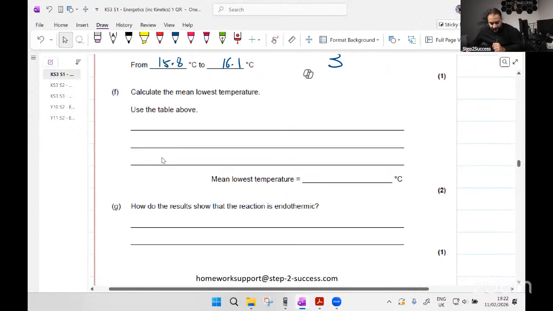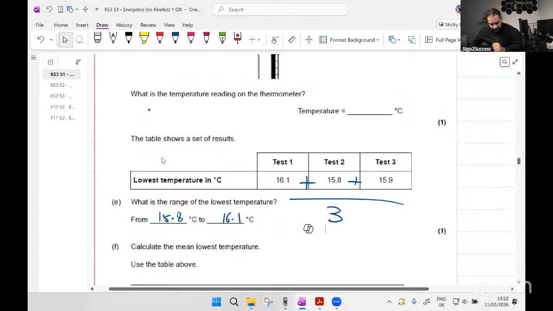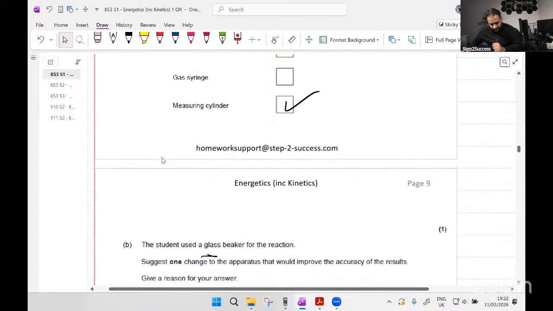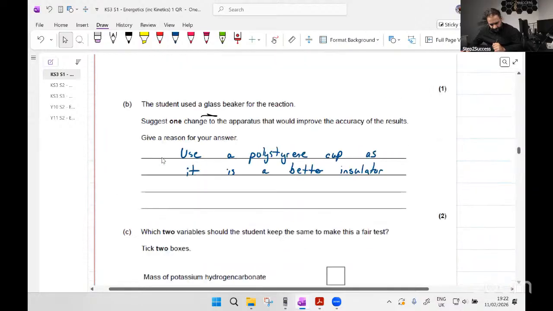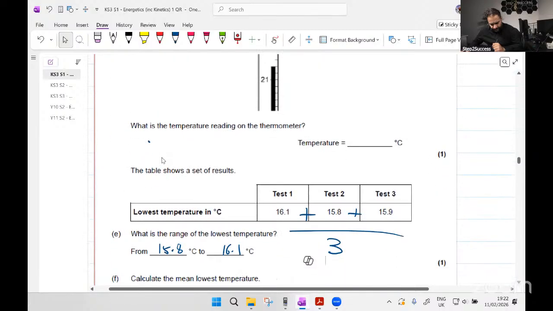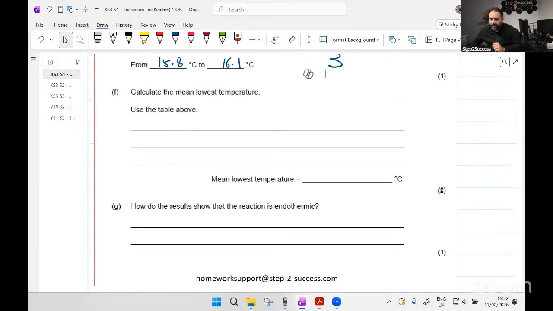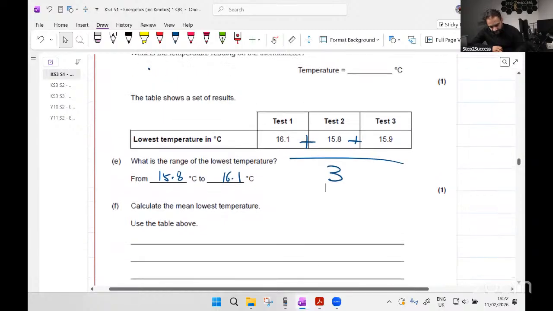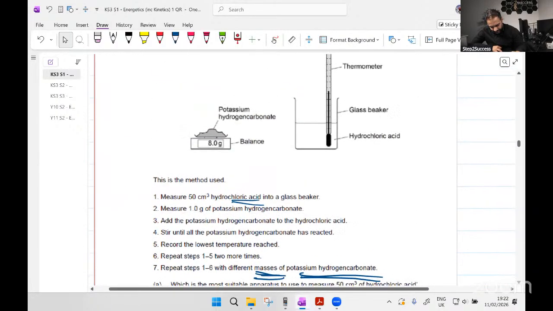How do the results show the reaction is endothermic? Don't know. Is it that the temperature has gone down? Yes. It's because the temperature, does it tell you what we started with?